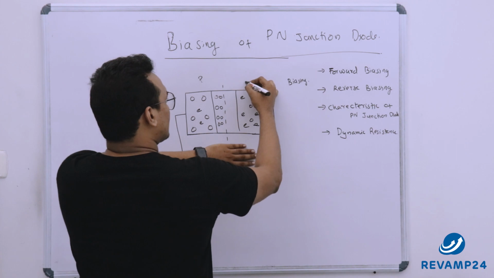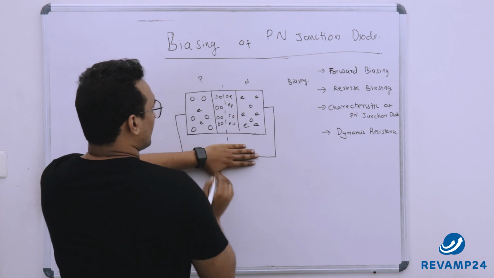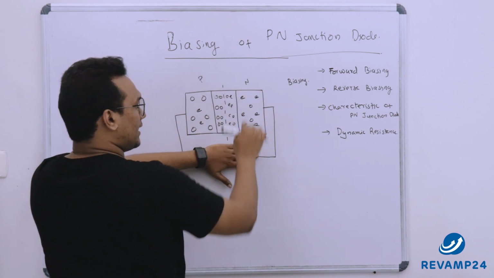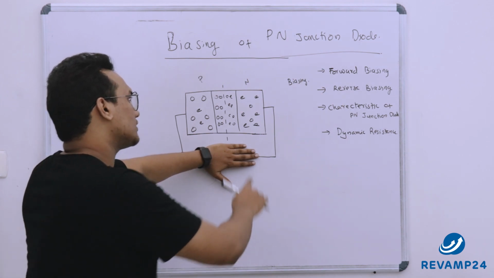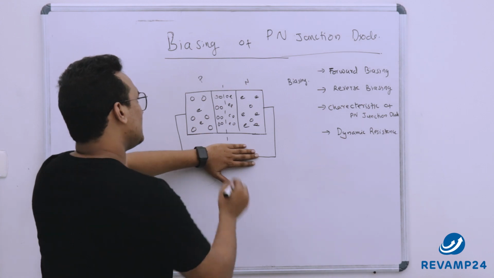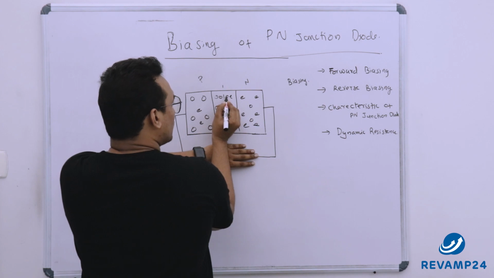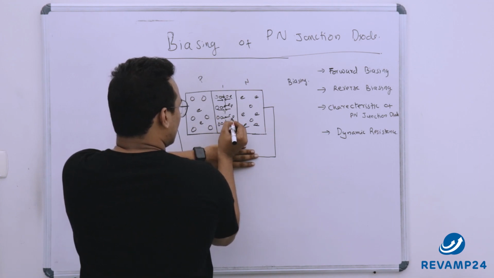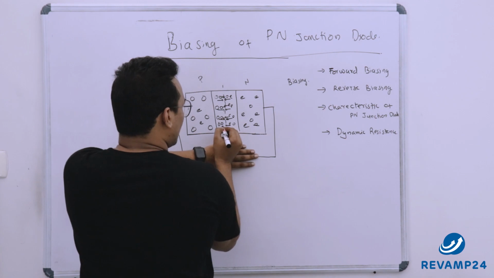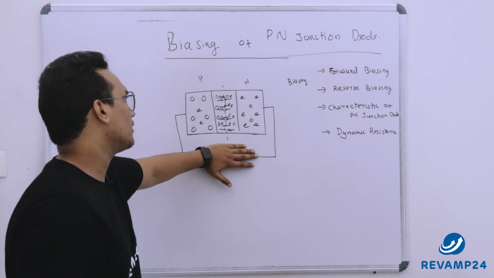And the N type semiconductor has electrons here, because electrons are majority carriers in N type semiconductor and holes are minority carriers. These holes are attracted by the electrons, or the electrons are attracted by holes, so both will move towards the junction and recombine.